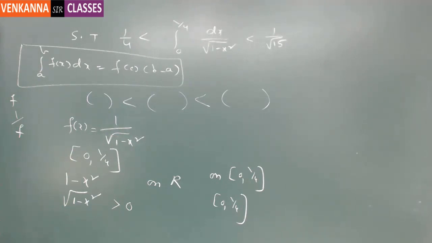So 1 by root of 1 minus x square is also continuous on the closed interval 0 comma 1 by 4. So the function is continuous on the given interval, hence we can apply the mean value theorem. These sentences we will write on paper. There is no need to prove it by calculating the left hand limit, right hand limit, etc. We simply write on paper. Okay? Any questions to anyone?